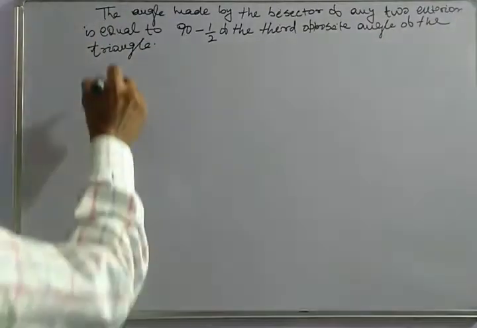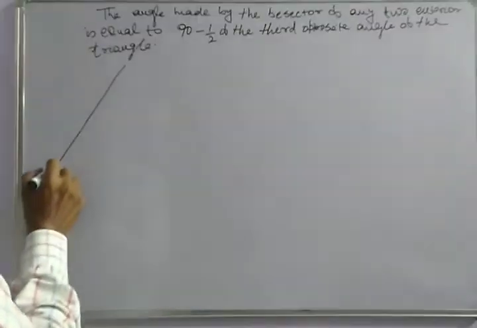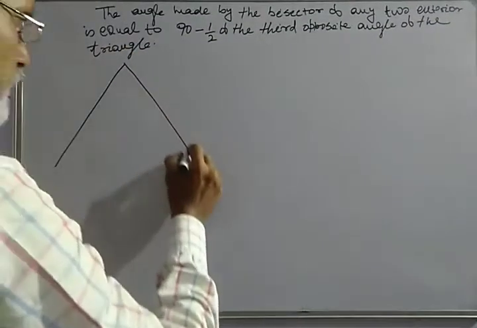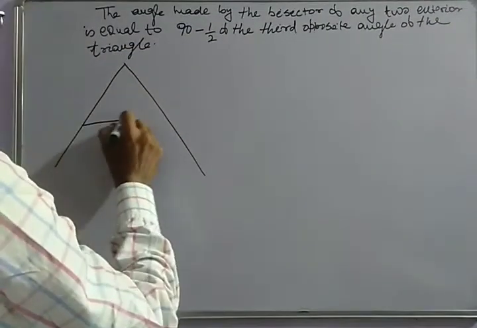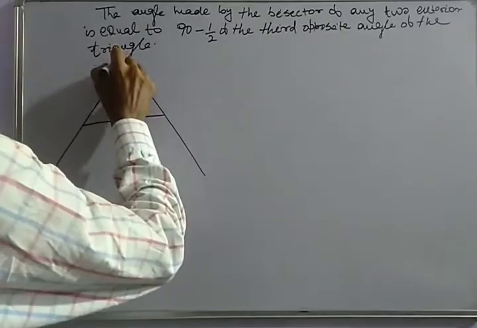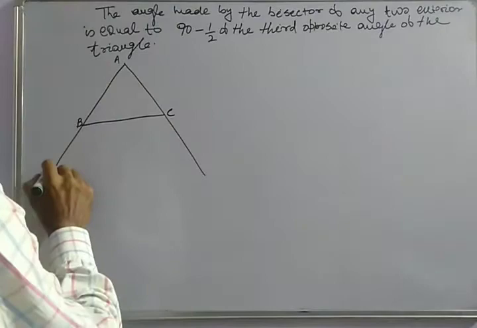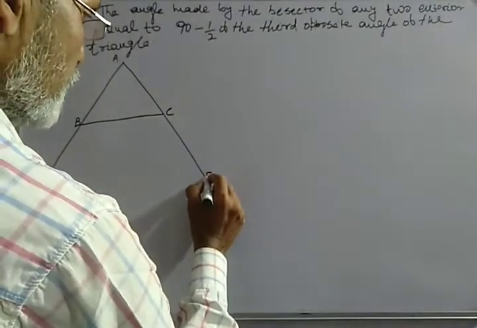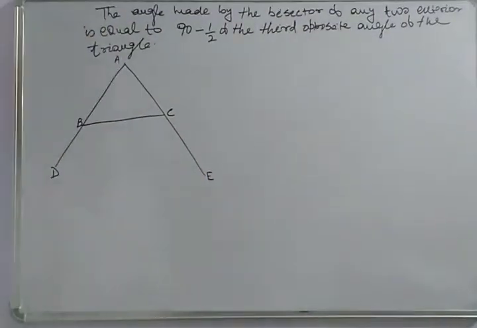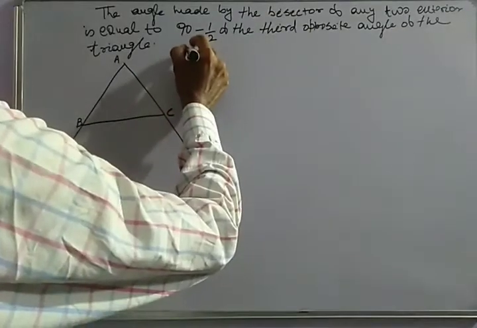So see here, I am making a diagram. This is a triangle ABC, with points D and E. What is given?